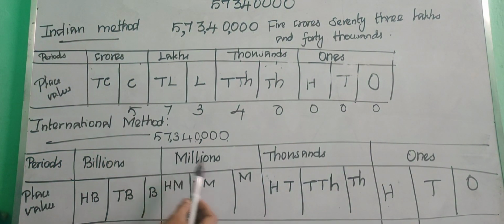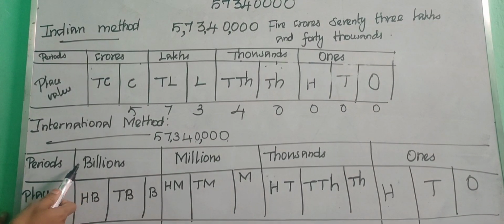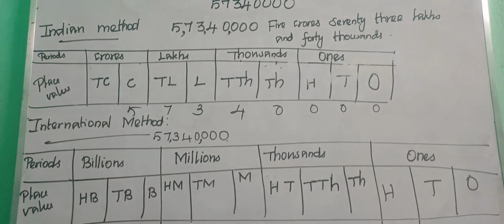Under millions, we have million, 10 million and 100 million, and then for billions, 10 billion and 100 billion, okay children. Likewise, we need to write the place value chart. After learning this place value chart properly, you can write it directly, okay children.